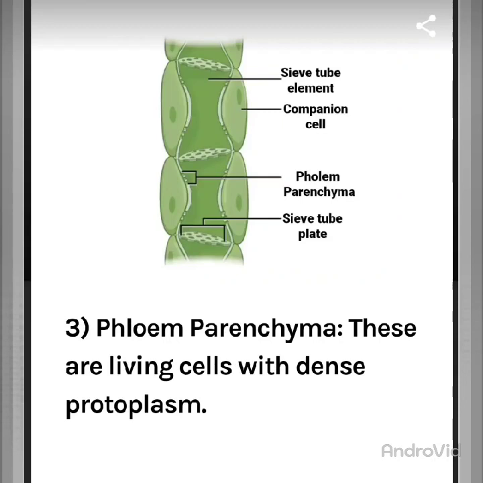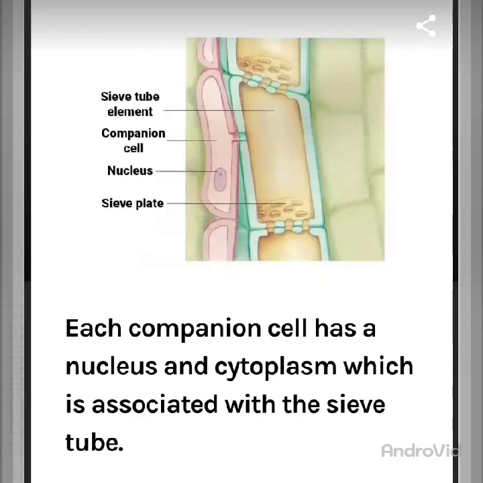Now we are moving to the third type, which is phloem parenchyma. Before you see the phloem parenchyma, just see the companion cell and its function. Each companion cell has a nucleus and a cytoplasm. As you know, each and every cell has its nucleus, cytoplasm and membrane.